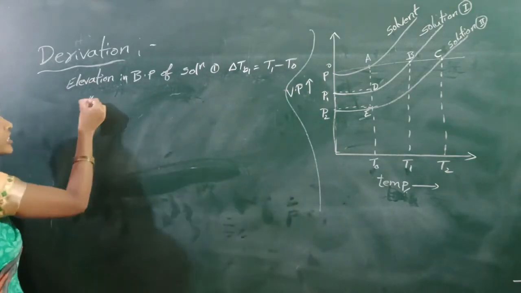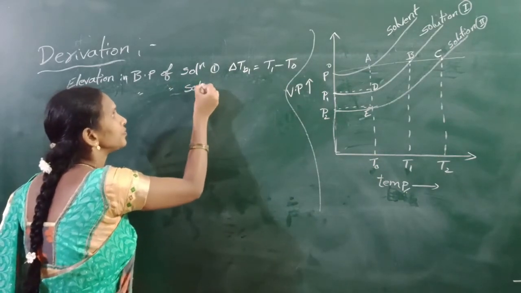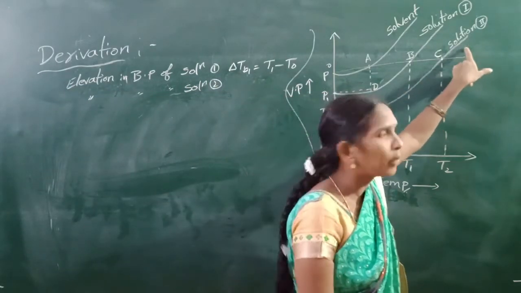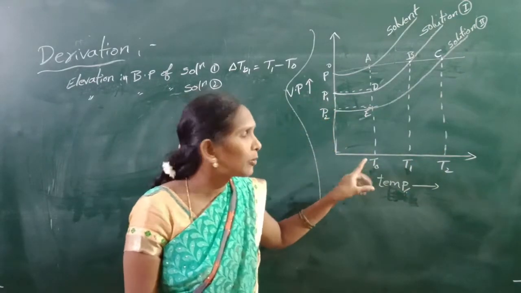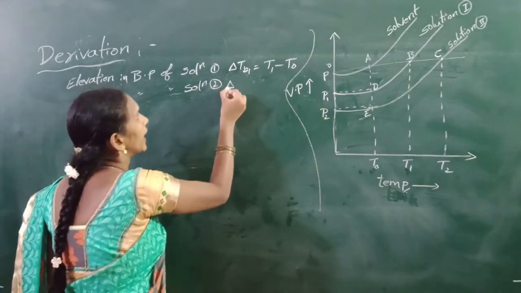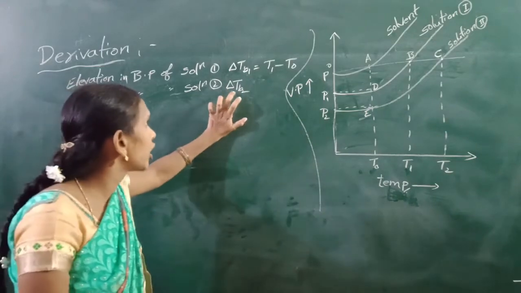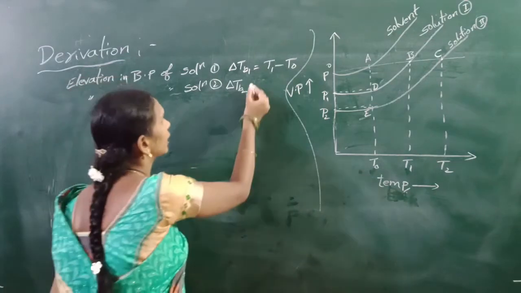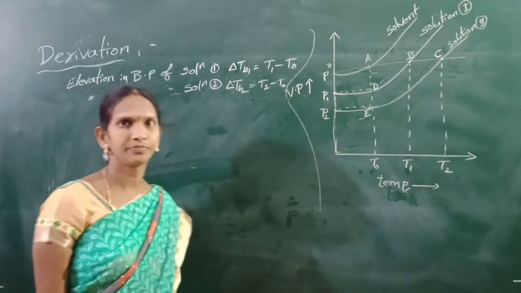Next, the elevation of boiling point in solution 2: solution 2 is this curve. The boiling point of solution 2 is T2 and the boiling point of the solvent is T0. That means delta TB2, the elevation of boiling point of solution 2, is equal to T2 minus T0.